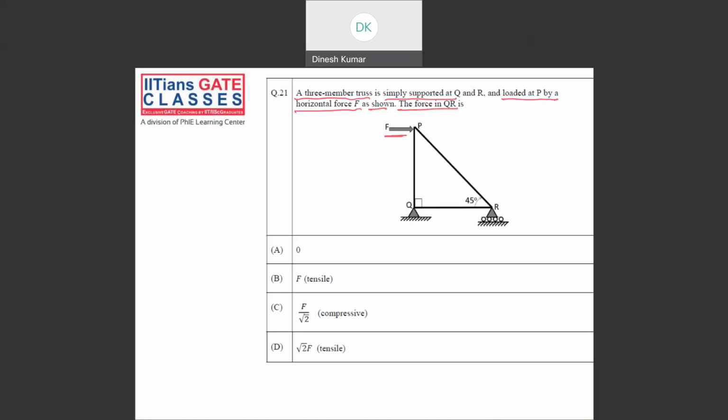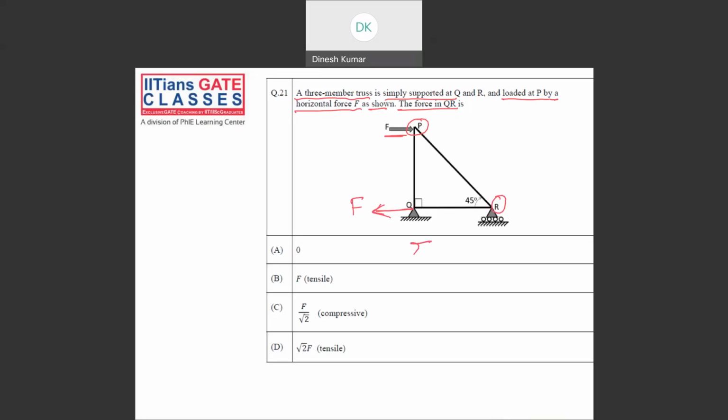Since this force F is acting at P, it will be reacted on Q. Why? Because R is a roller end, and it is a roller along the horizontal direction. So the horizontal reaction at Q is F, and it is going away from Q in this direction.